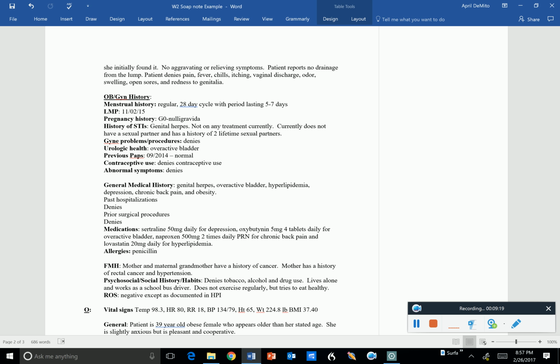Hospitalizations, surgical procedures, medications that they're on, allergies to medication, family medical history, social history. And there's one important piece of information missing from this particular SOAP note, and that's immunization status. So components that have to be in this S section are all those components.